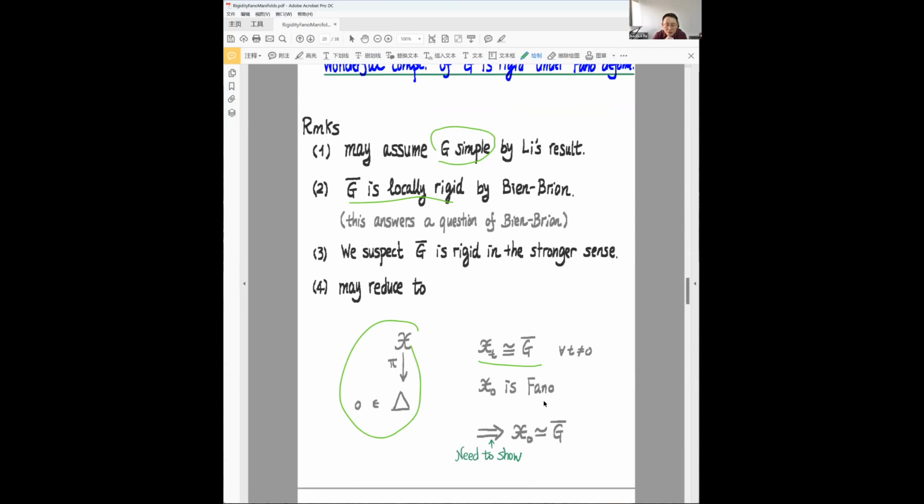What you need to show is that the central fiber itself is isomorphic to this wonderful compactification of the group G. This is the main setting we need to prove.